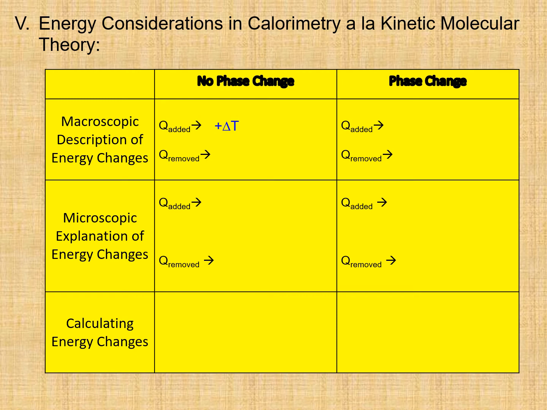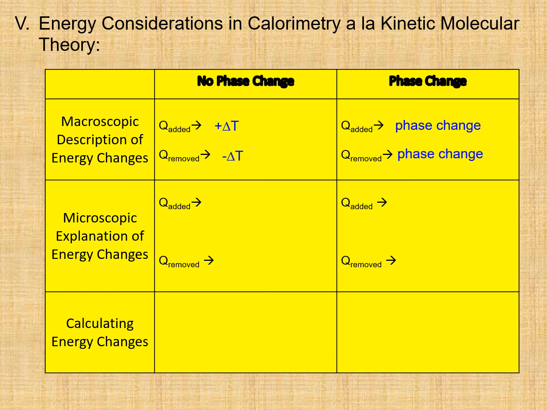Similarly, when heat leaves an object and there's no phase change involved, the object's temperature drops. When there is a phase change taking place, what happens to that heat that we add? The heat added or the heat removed is required to bring about the necessary phase change.